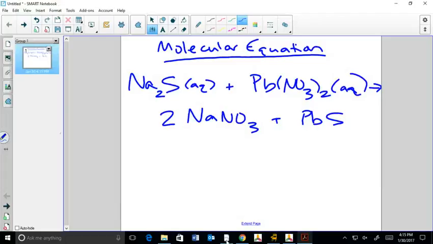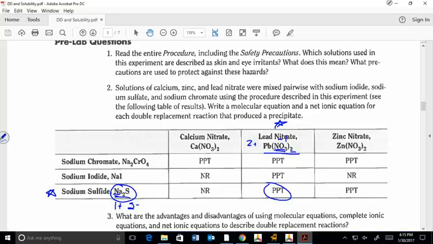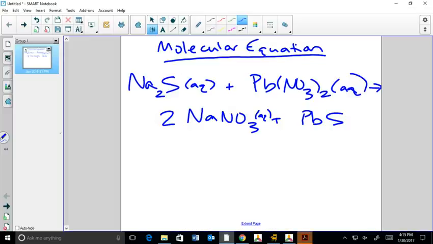So if I go back to our reaction here, since this has both Na and NO3, it will certainly be soluble. So this would be an aqueous solution. But if I look again, remember it made a precipitate, right? It told us, hey, this makes a precipitate. So one of my products must be a precipitate. Therefore, it is the lead.